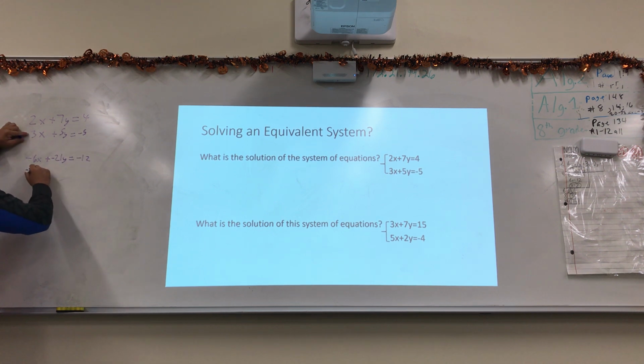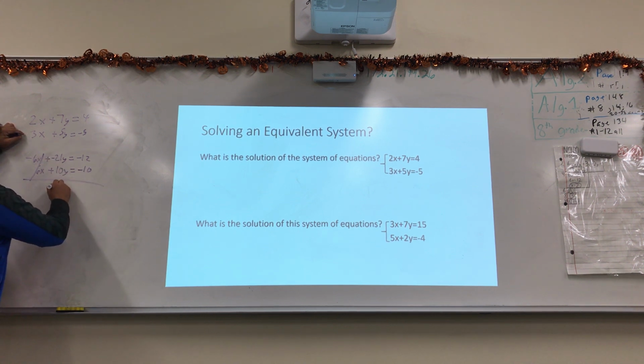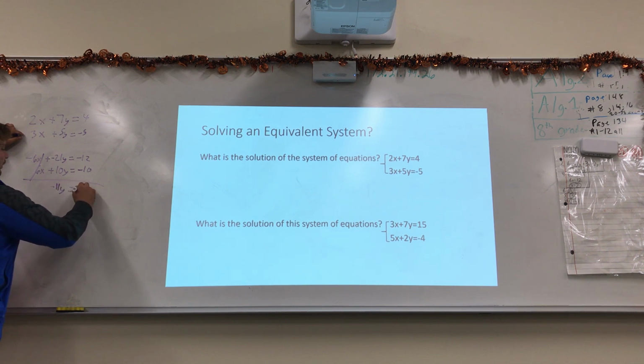The bottom I'm going to multiply by 2, so I get 6x plus 10y equals negative 10. Okay, that's going to be gone. When I do this, I'm going to get negative 11y equals negative 22. Divide by negative 11.